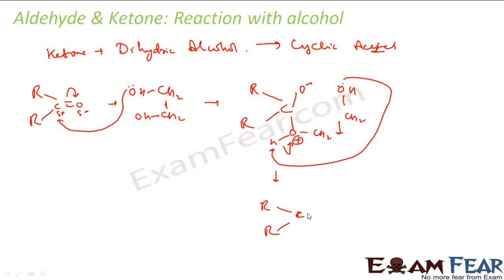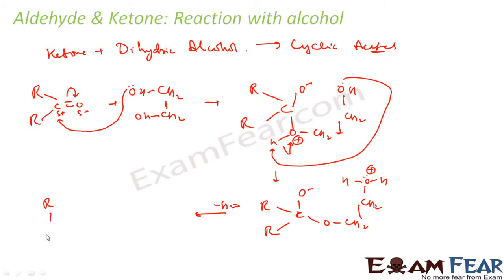There's a C here, the O minus. Here you get O, CH2, CH2, and H, and this H, and since oxygen gave electron to this H, oxygen gets a positive charge. Since this is H2O, a good leaving group, it will come out.